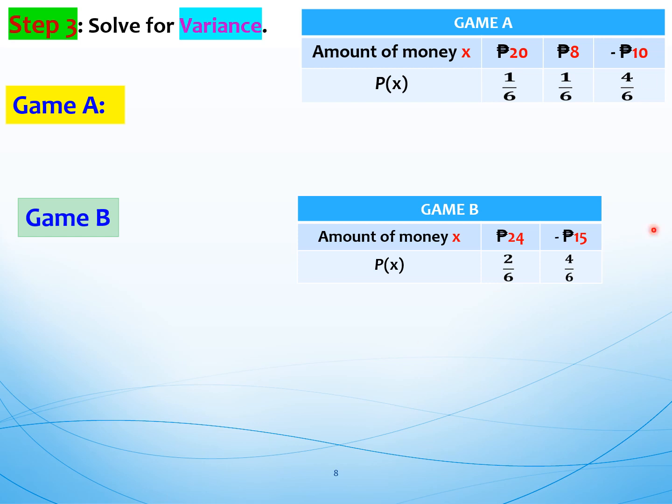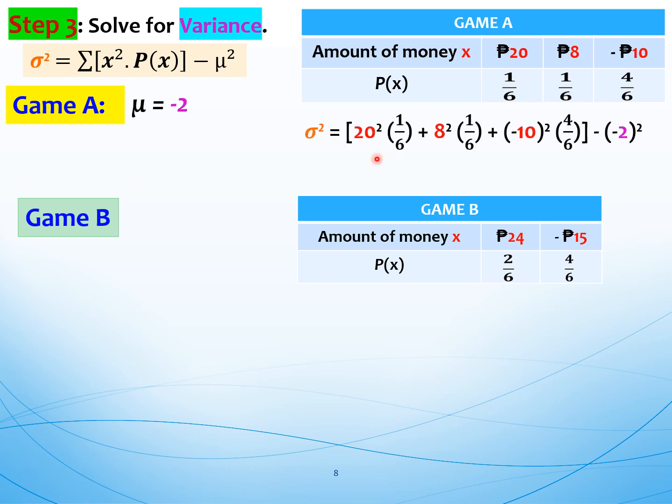So this is the data from the given game A and game B. How can we solve for the variance for game A? Simply using the formula. We already have the mean. Substitute the mean here, and of course we have the x and the probability.